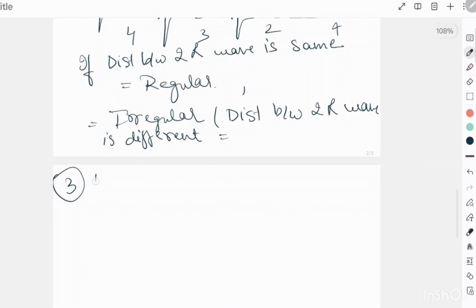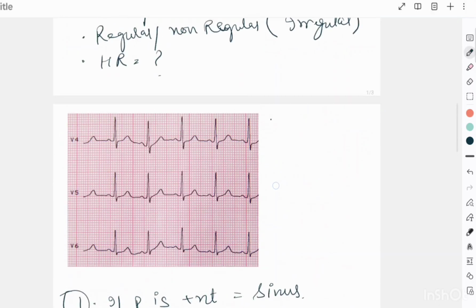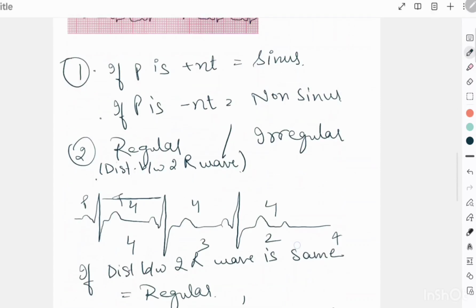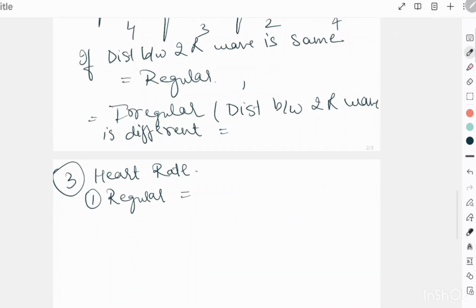Now, third criterion: we have to find the heart rate. We have to calculate this for regular rhythm and irregular rhythm, so there are two formulas. First, for regular rhythm, you calculate the big boxes between two R waves, like here, 1, 2, and approximately 2.5. We divide 300 by 2.5, and we get the heart rate of the regular rhythm.